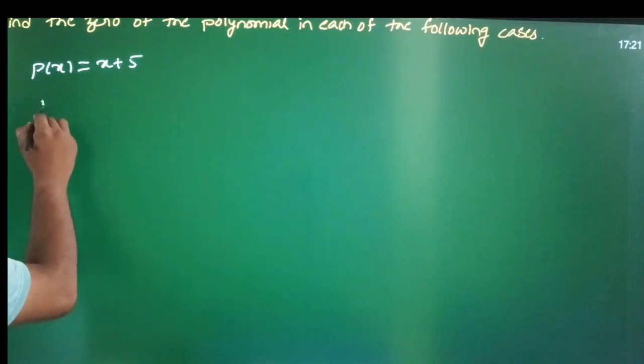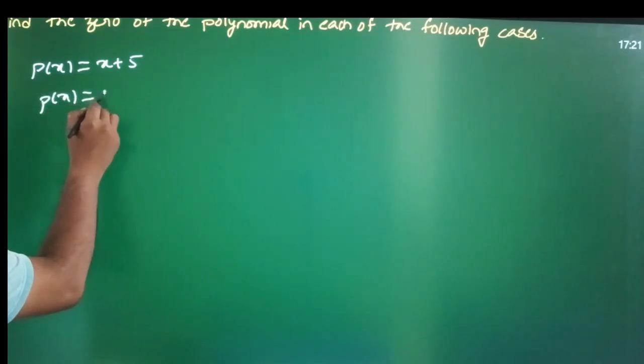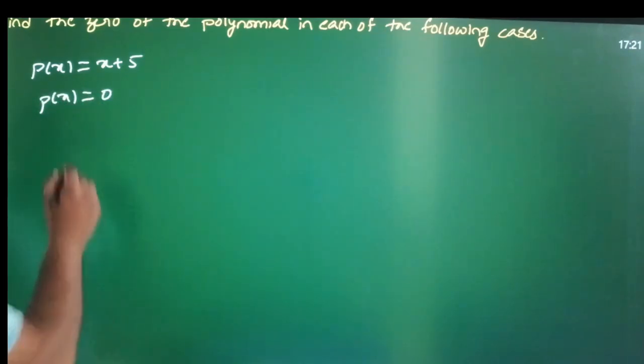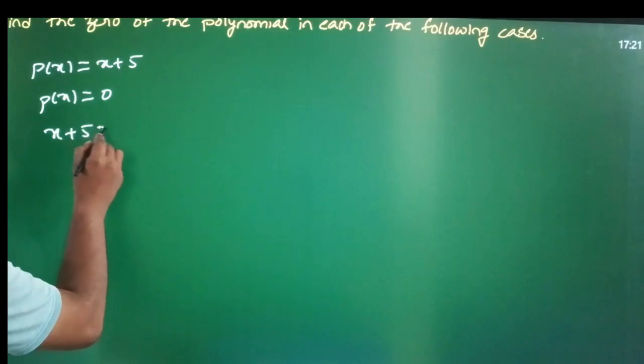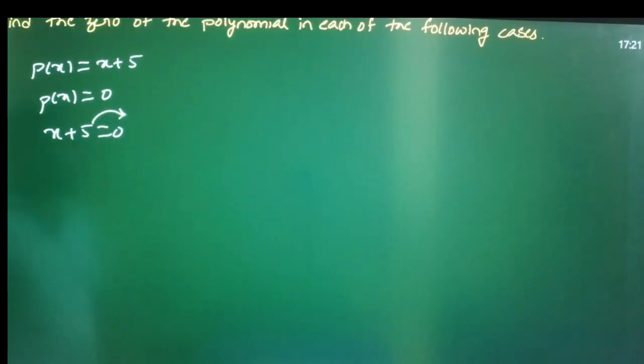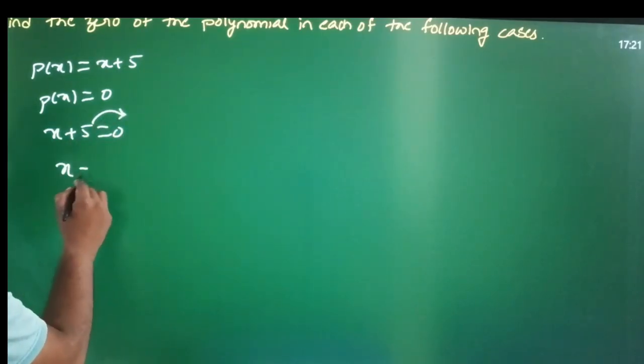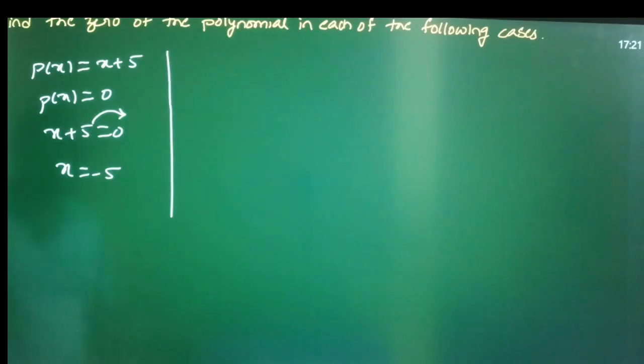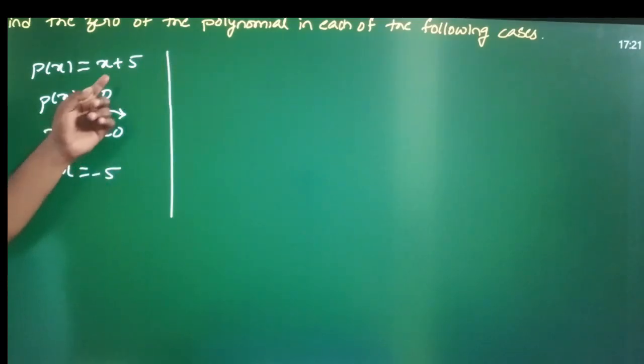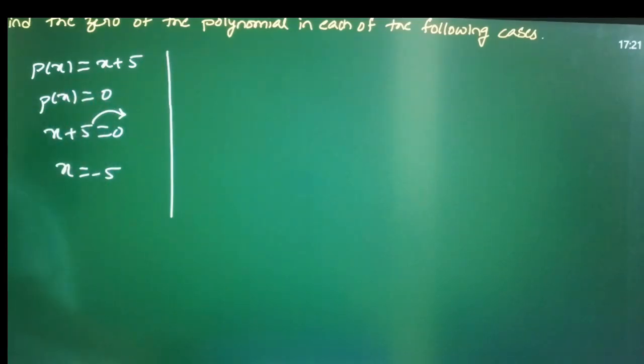Now we equate p of x equals 0. Therefore, x plus 5 equals 0. Plus 5 is transferred to this side and plus 5 is converted to minus 5. Therefore, minus 5 is the zero of the polynomial p of x equals x plus 5.